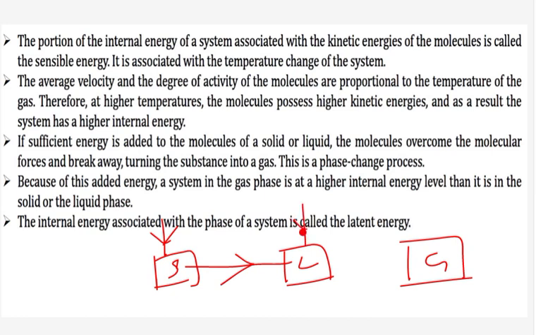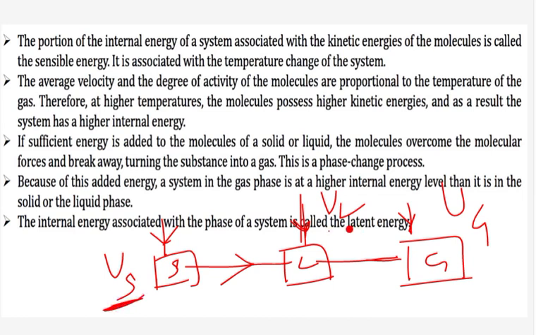Here liquid will have some internal energy UL. The solid will have internal energy US. Now if I further supply heat, it will convert into gas, and it will have internal energy UG. So if I relate US, UL, and UG, which will have higher internal energy?